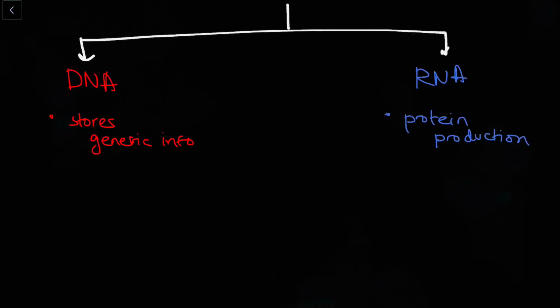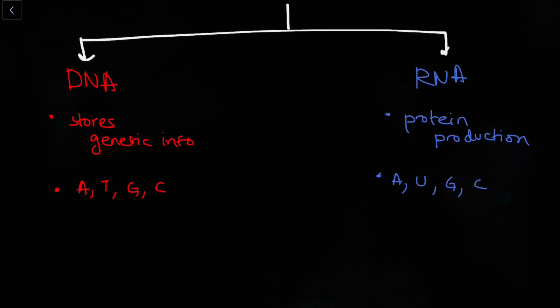Now, the second difference between DNA and RNA are the nitrogenous bases that they consist of. So DNA consists of adenine, thymine, guanine, and cytosine. RNA consists of adenine, uracil, guanine, and cytosine. So RNA swaps out thymine for uracil.